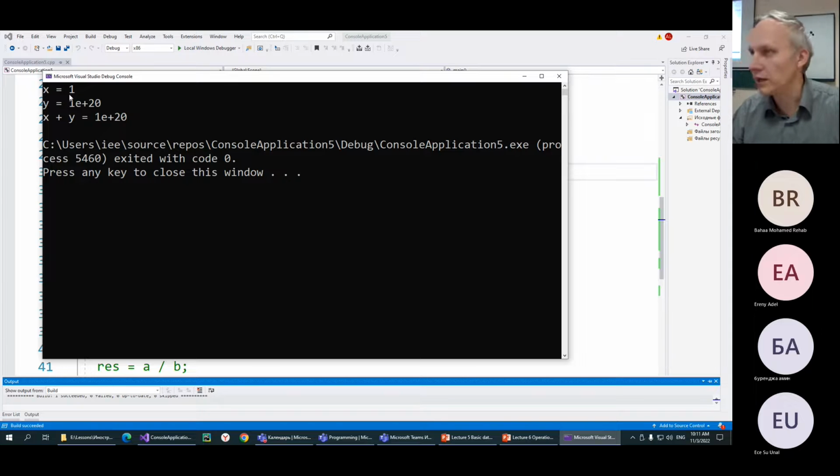This 1 will be lost. The result is 1e20. So all the operations with real numbers will be performed with some accuracy.